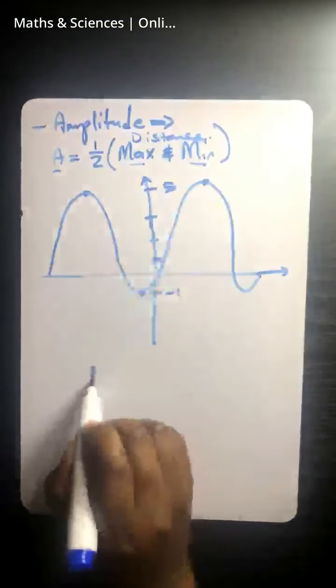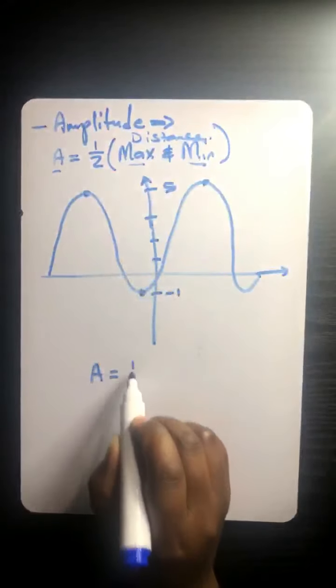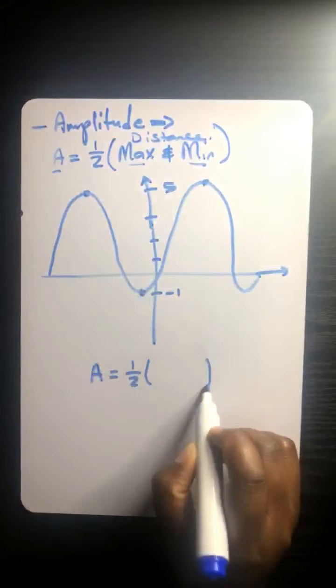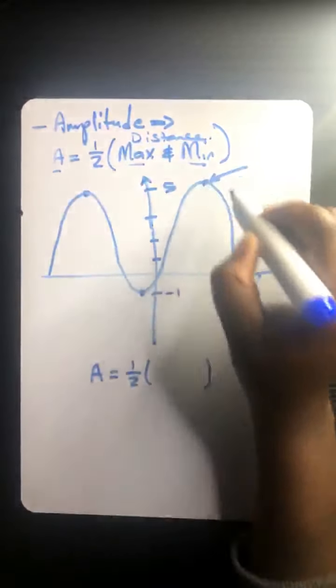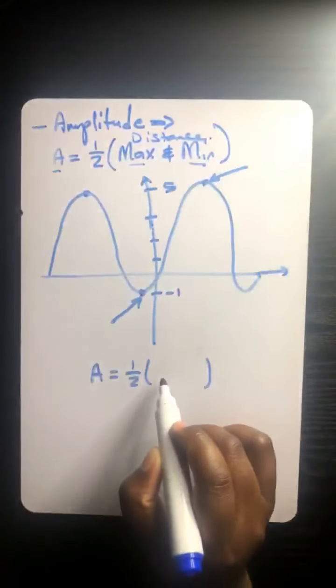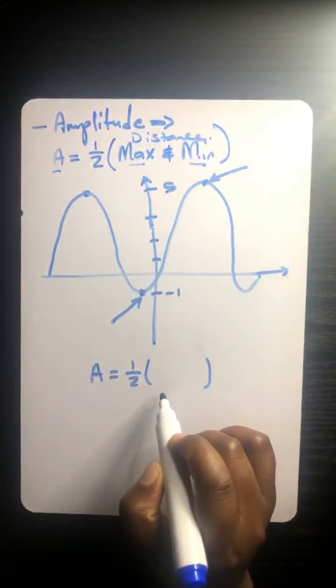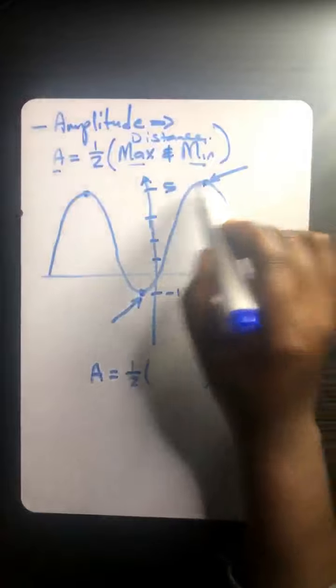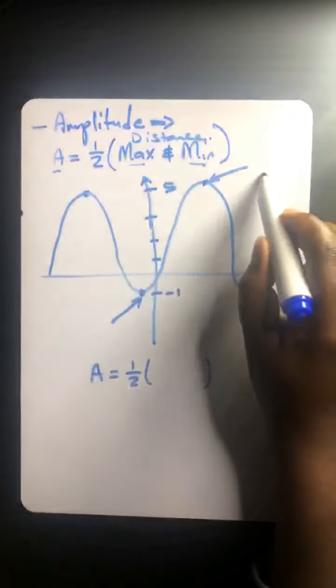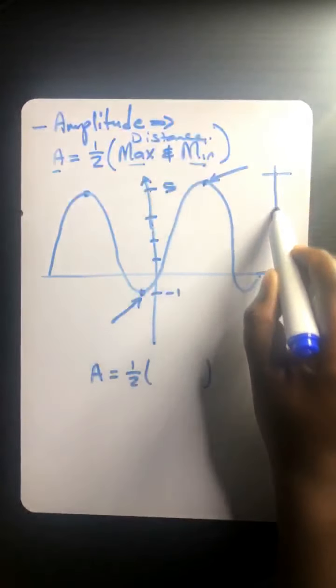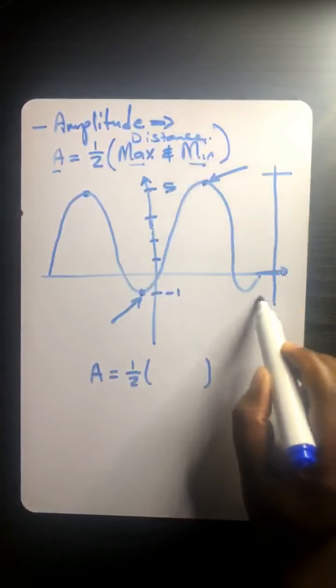According to my formula, the amplitude is equal to half of the distance between the maximum and the minimum. So what is the distance from there to there? Is it not 5 plus that 1?